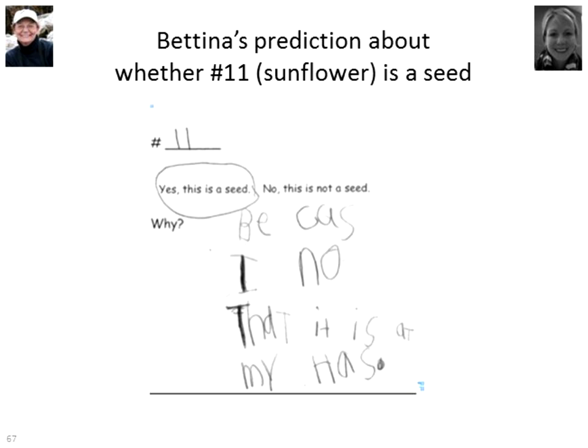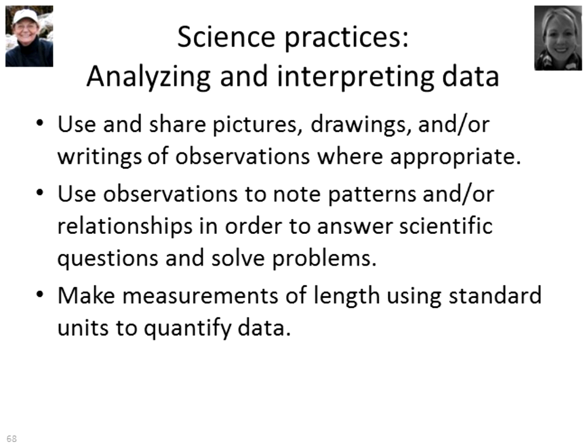So in this slide about analyzing and interpreting data, you can see several examples from NGSS, and these are the kinds of things that we wanted to engage children in. We wanted them not only to draw and write and measure, but to notice patterns and relationships. And they were collecting and representing the data.